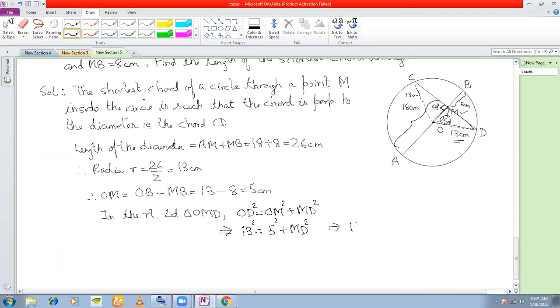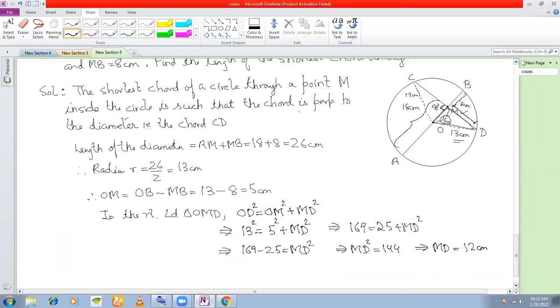That means 169 is equal to 25 plus MD square. That means 169 minus 25 is equal to MD square. That means MD square is 144. That means the length of MD here is 12 centimeters, right? Square root of 144. So we have got this length.